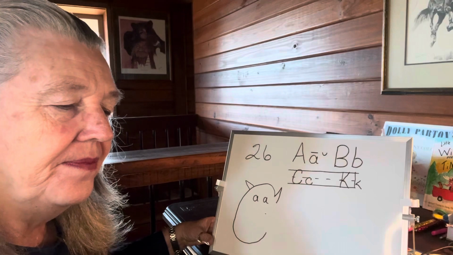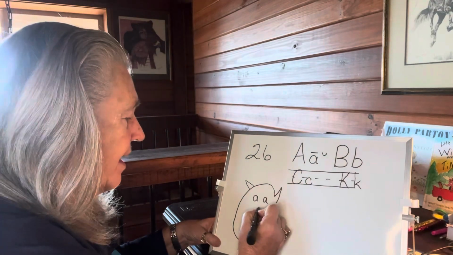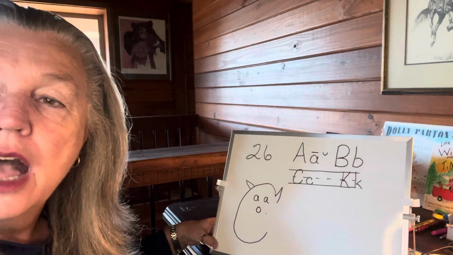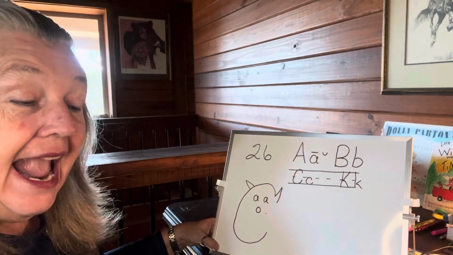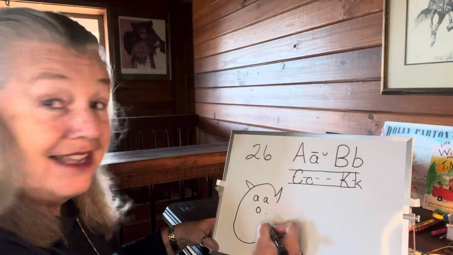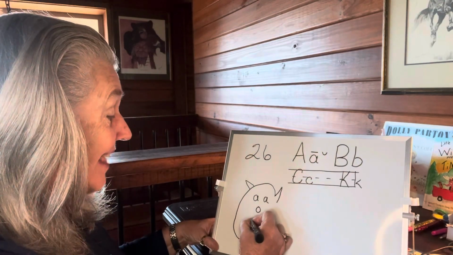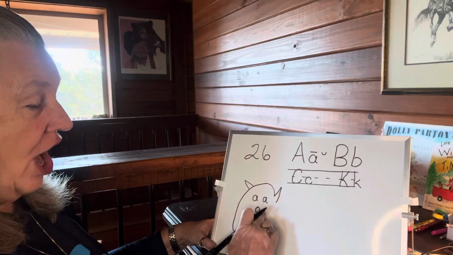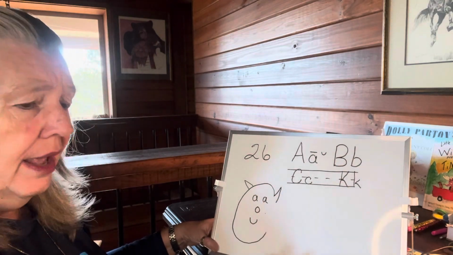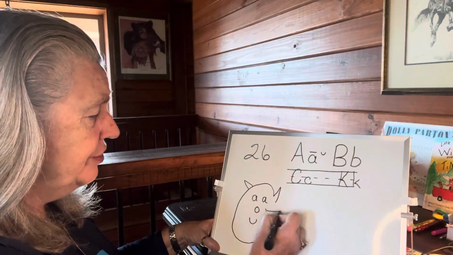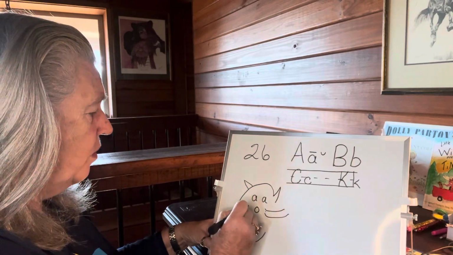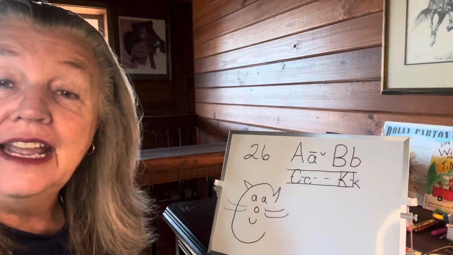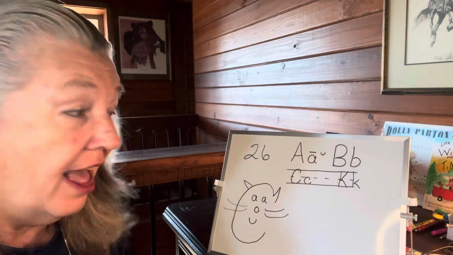A. And then in the middle, you're going to make an O. O. And it's got to have a mouth, so we're going to make that a U. So you got A, O, U. And a cat has to have its whiskers, so let's go ahead and give it some whiskers out here so that you have a cat. And then you can color it whatever color you'd like.